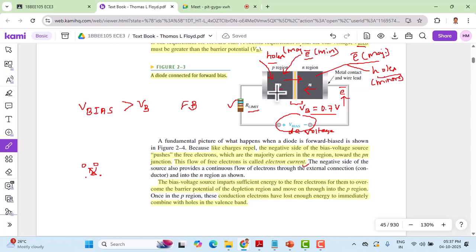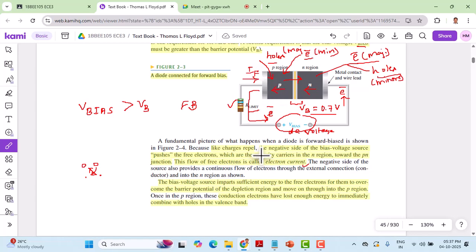Hole movement happens oppositely, from the P side to the N side, and current flows from P to N. Electron flow is from N to P, so naturally the current flow is opposite to the electron flow. This is the forward current flow.